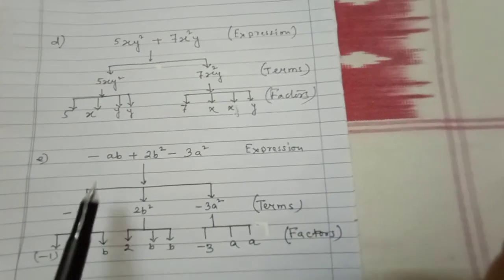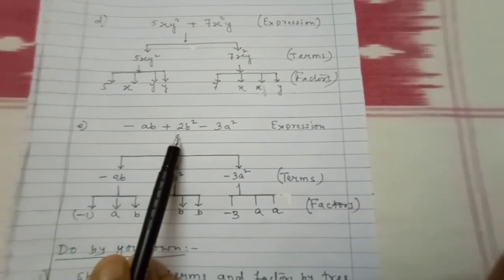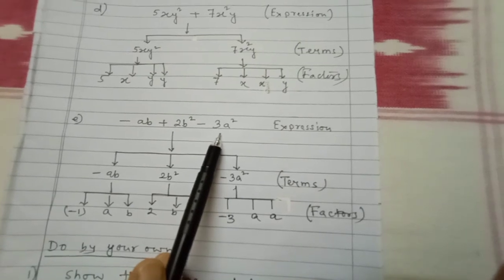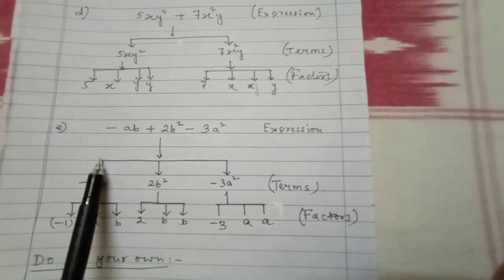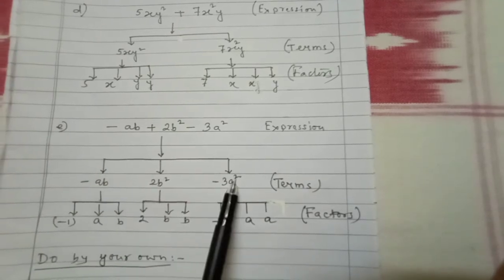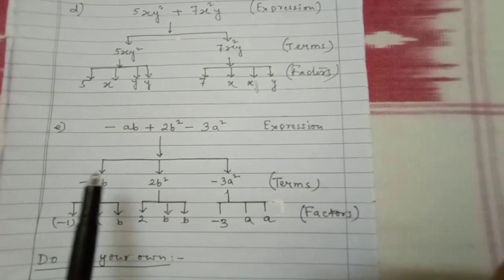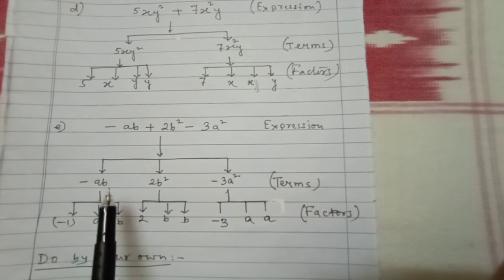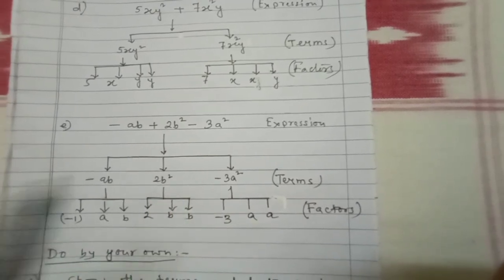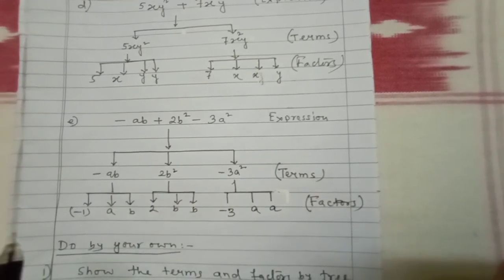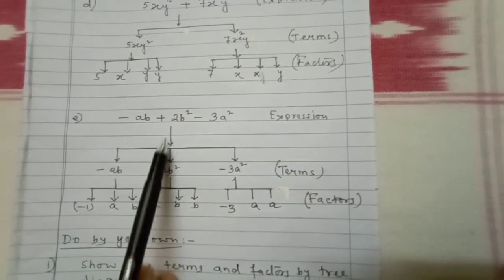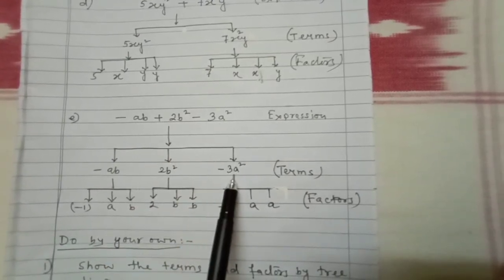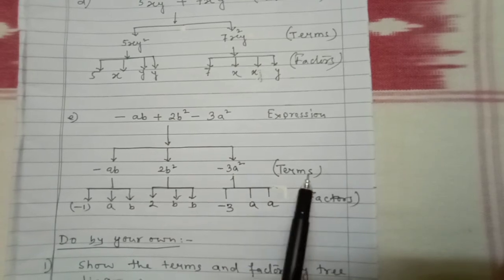Next one is minus ab plus 2b square minus 3a square. This is the expression. Make the tree. First, 3 terms are there. Afterwards you will come to know the names, where it is 2 terms, where it is 3 terms; they have different names also. Now, these are the terms.